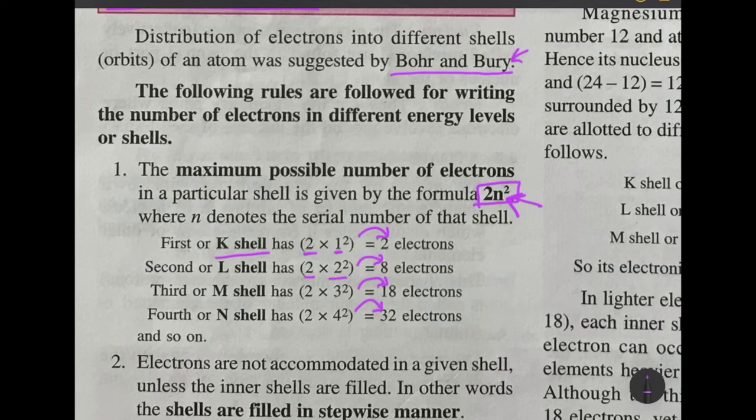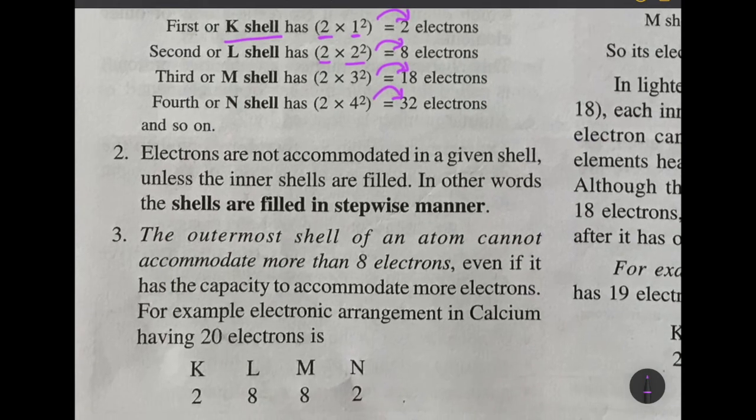Now, electrons are not accommodated in a given shell unless the inner shells are filled. That means the first shell must have 2 electrons, and the second must have how many electrons? 8. So the third after 8.